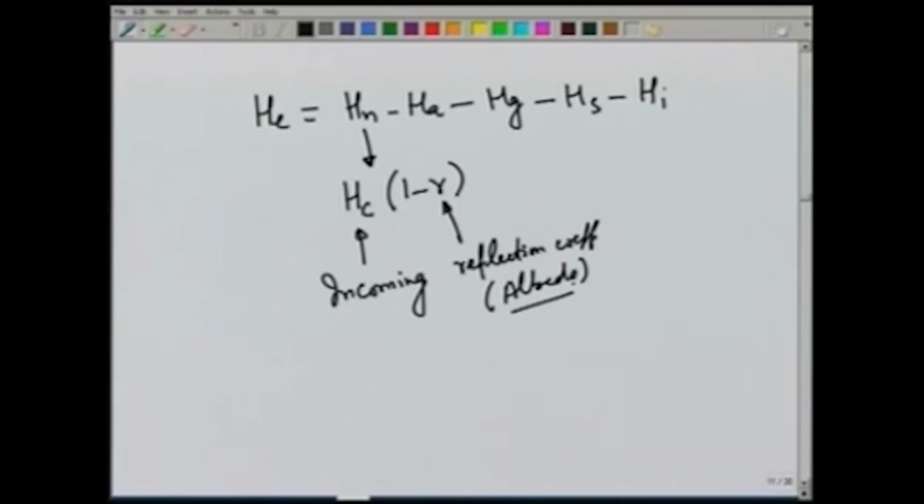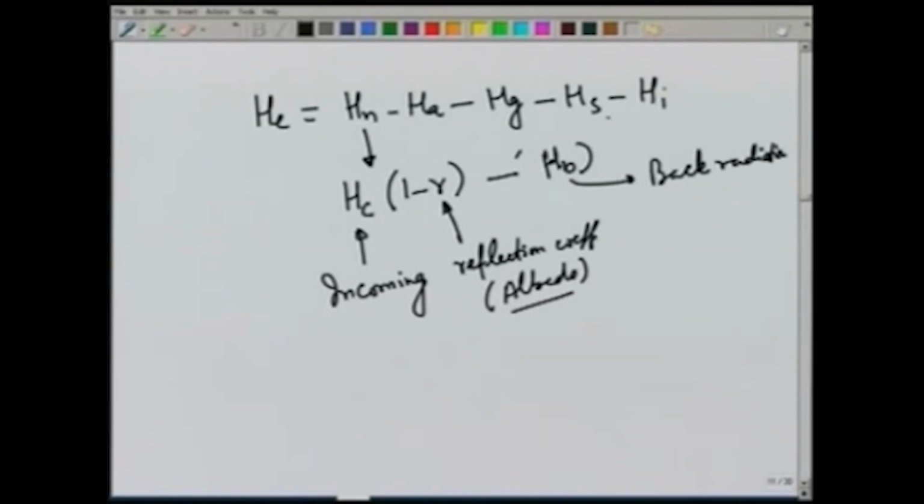The albedo value will show how much is reflected back to the atmosphere of the total incoming radiation, and then we will have to add some back radiation, or rather subtract some, so we can write this as minus Hb.